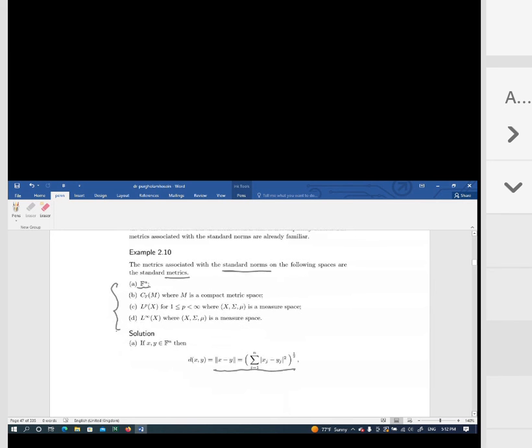For example, for F^n, the metric d associated with the standard norm is the norm of x minus y, which equals the sum of the absolute value of x_j minus y_j to the power 2, and the whole sum to the power 1 over 2.